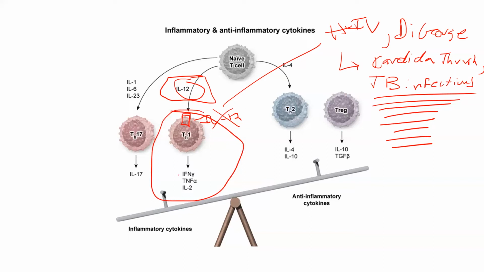Now, once you activate your T helper cell, it communicates several things. It will secrete out tumor necrosis factor alpha, which is a pro-inflammatory cytokine, which causes fever, it causes weight loss, it pretty much causes the feelings you get when you get sick from viruses like flu. Those symptoms you have, that's tumor necrosis factor.